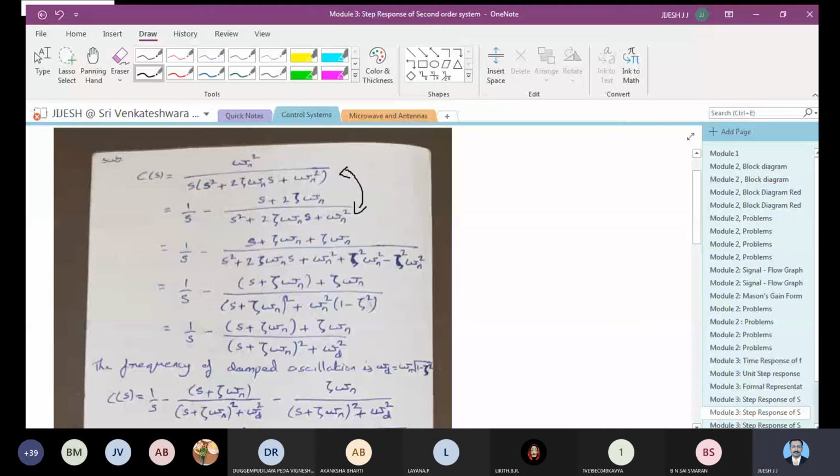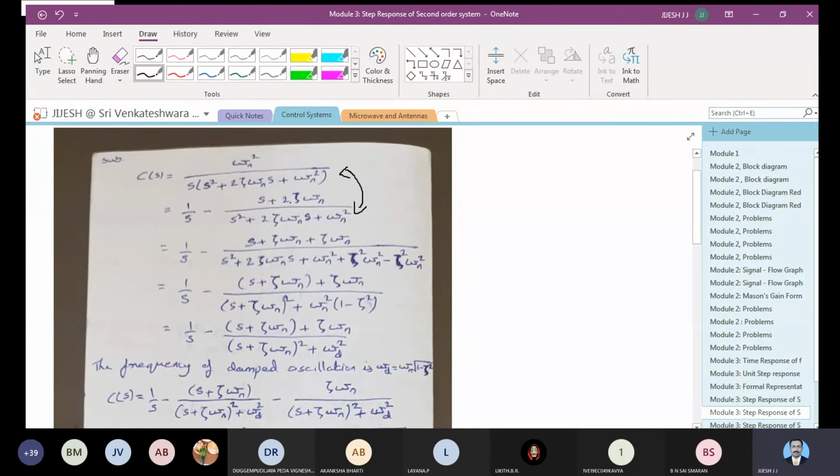So what you can see is 1 by S minus this term. If you can solve it in this form, fine, or you can just remember this part of it. It is very important to simplify further: omega n square divided by s into s square plus 2 zeta omega n s plus omega n square can be rewritten in this form, 1 by s minus this term.